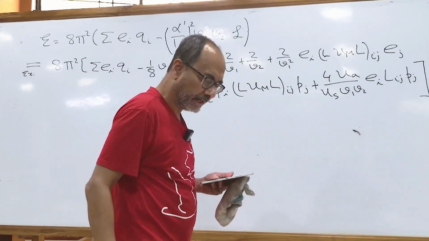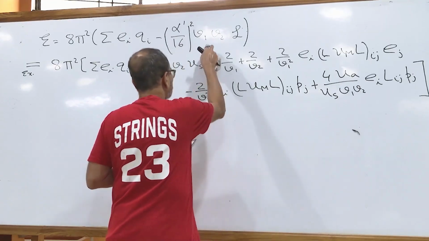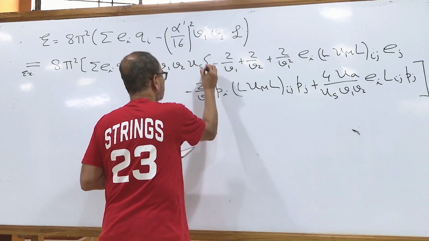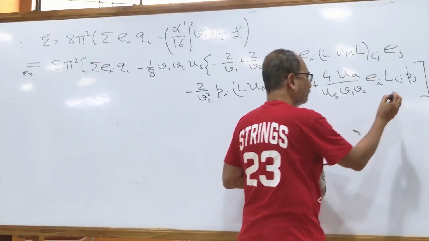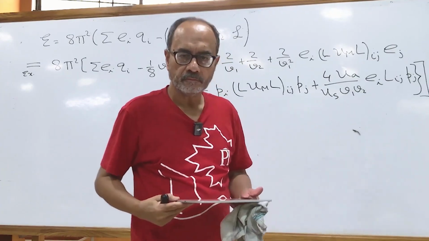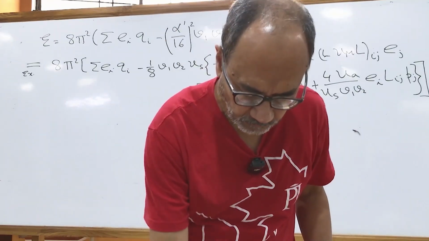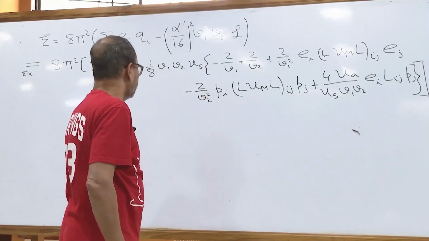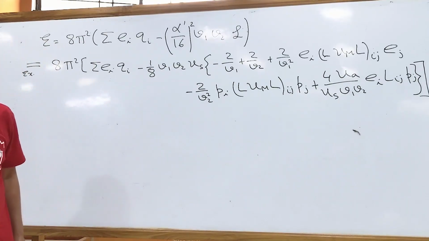So I'll change these brackets to curly brackets. Okay, so this is the form of the function that you have to extremize.